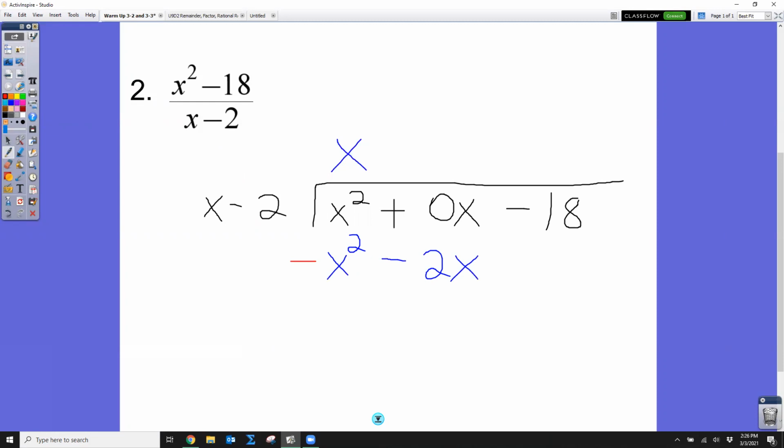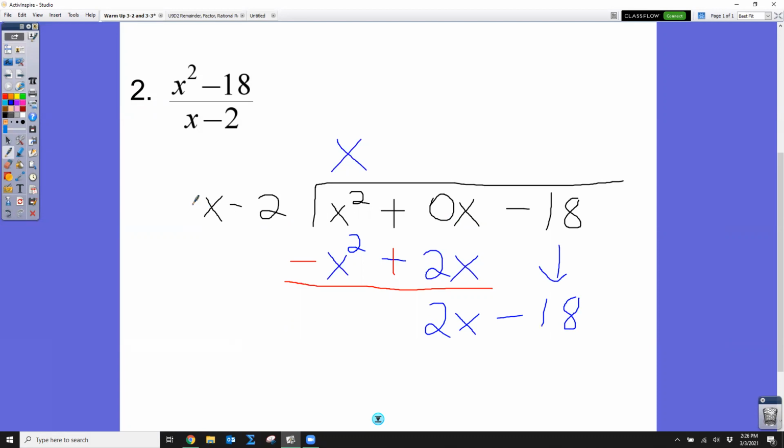So we'll change that x squared to a negative. And this 2x is now a plus. These first two should always cancel out. They should always combine to give you 0. So now we're left with 0x plus 2x, which is 2x. And then we'll bring down the next term we haven't used, so minus 18.